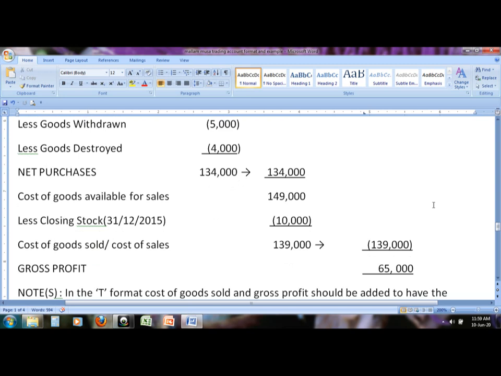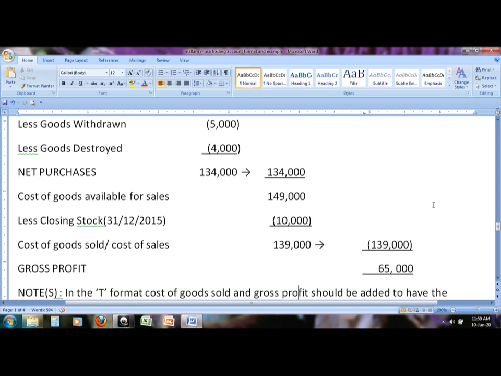So take away cost of sales from our net sales. That's the difference between T format and columnar format. Instead of the grand total being net sales, the grand total here is going to be our gross profit or gross loss. We compare the two together. Which one is bigger?